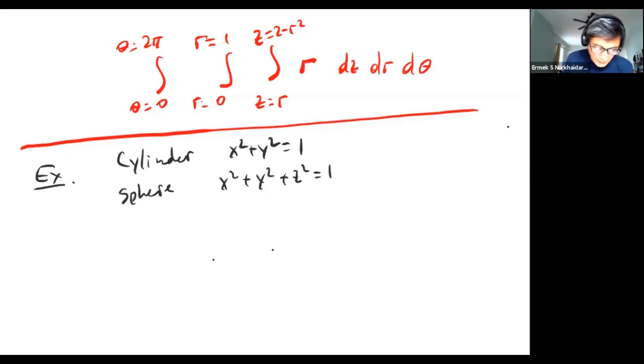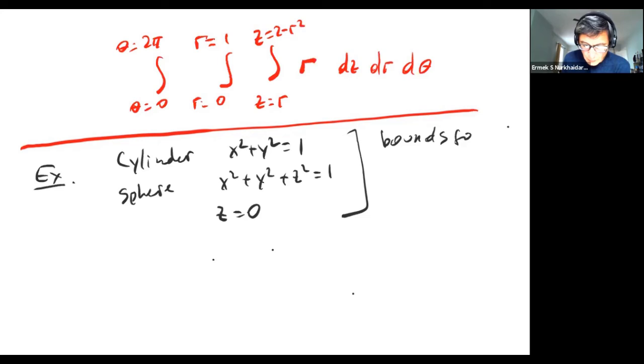And we also assume that z equals 0. Okay, so those are the bounds for solid E. We want to find its volume.